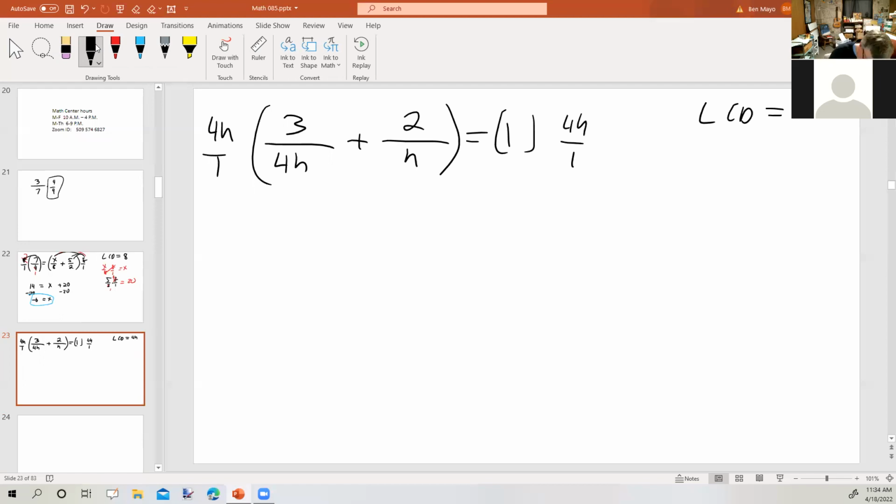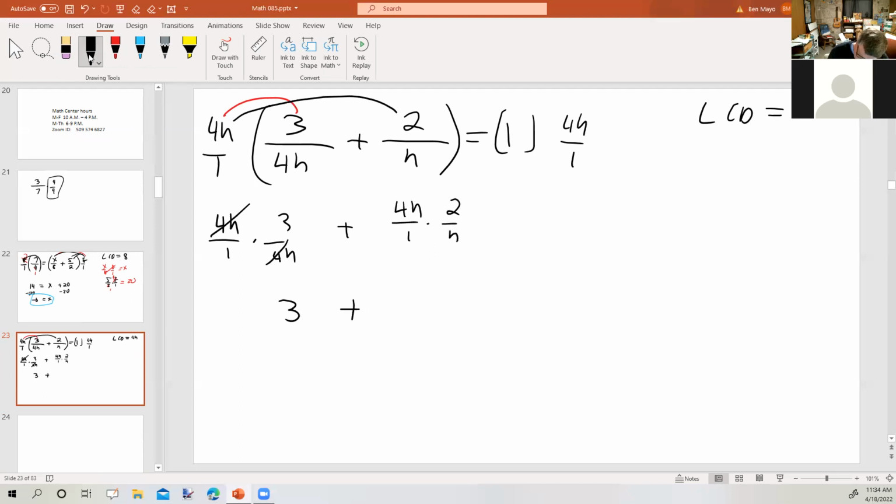So distributing here, 4h/1 times 3/4h. The 4h is reduced and we have 3 plus 4h/1 times 2/h. The h is reduced and we have plus 8 equals, on the right side, 4h.